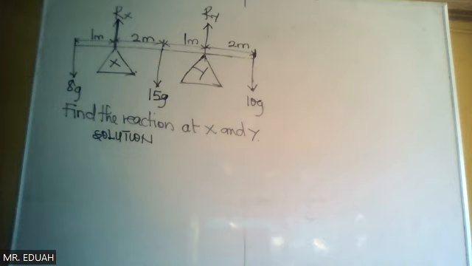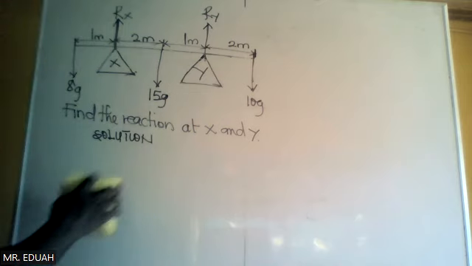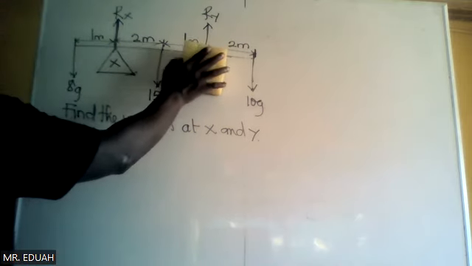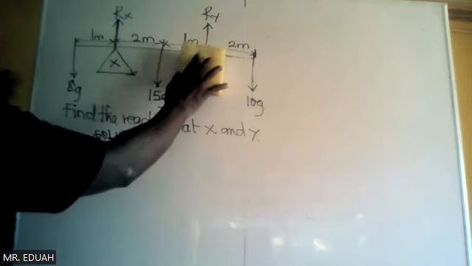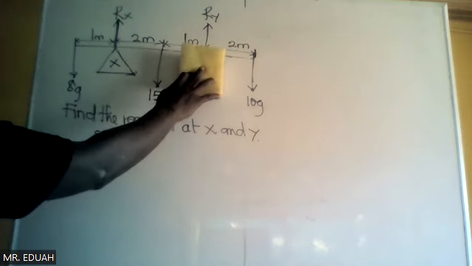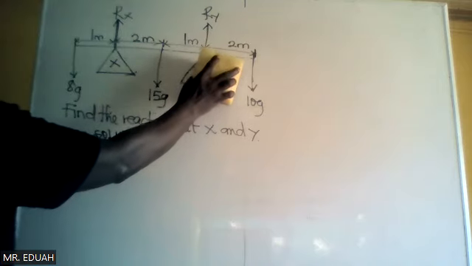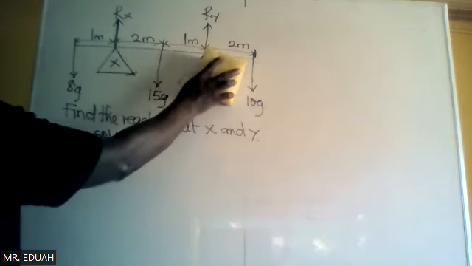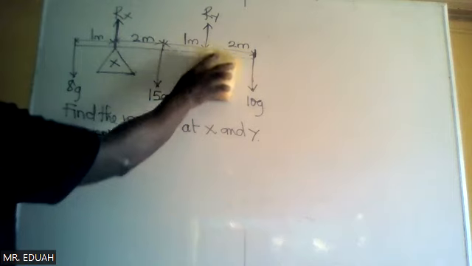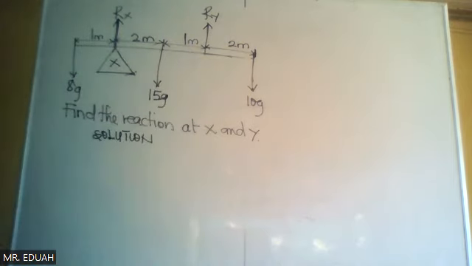You assume one is gone, or you close one of them and take the turning effect around the other one. So you assume this is not there. Any one you begin with.